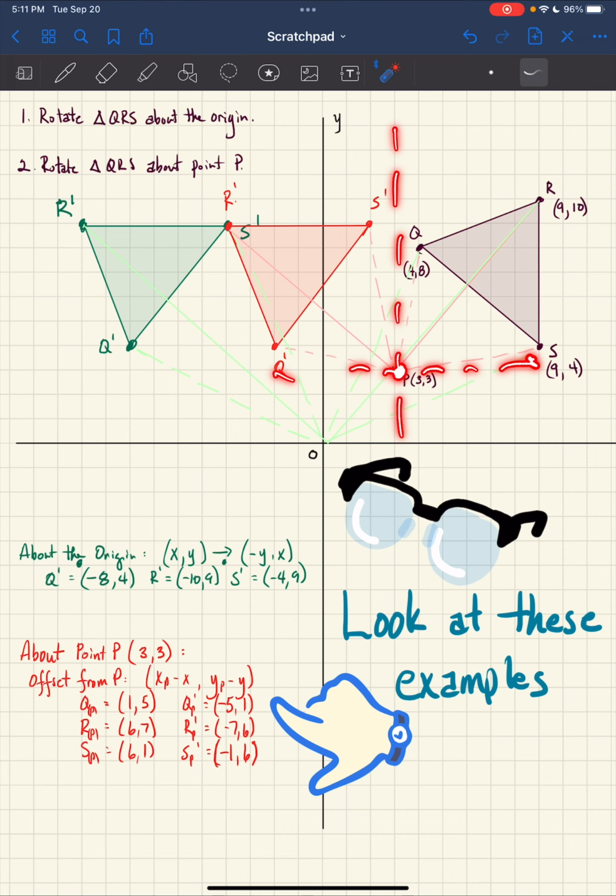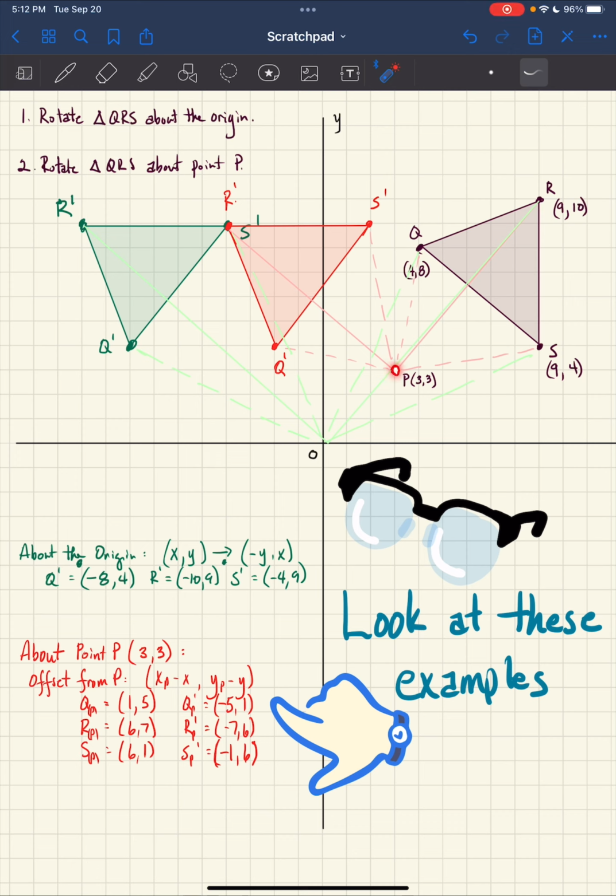So to get to point Q from there, where do I go? Well, I go over 1 and then up 1, 2, 3, 4, 5. So it would be at my imaginary point, or my tentative point, 1, 5, right? So its Q prime over there would be negative 5, 1.